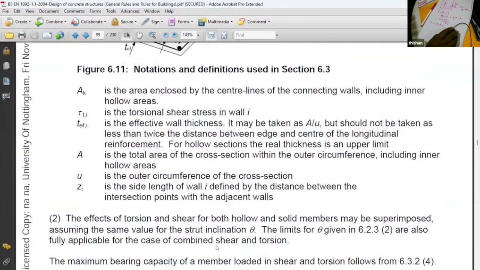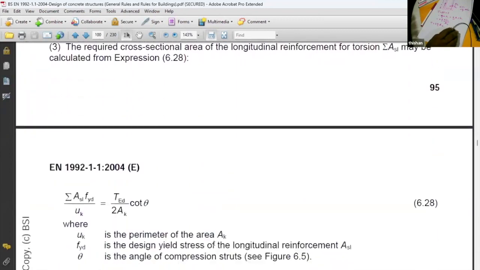Then it gives this particular equation, which says the total longitudinal reinforcement requirement is a function of the torsional moment applied, 2AK and UK.